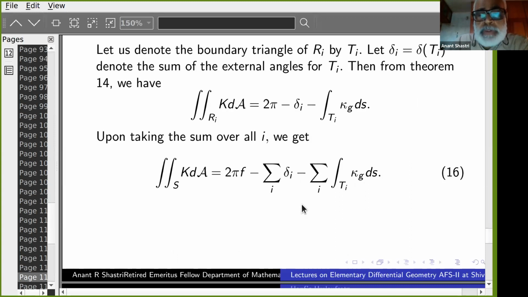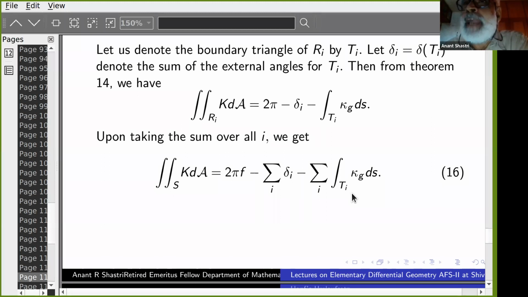Now, what happens to this summation? This is like when you are proving Green's theorem, or in complex analysis when you prove results like the Cauchy-Goursat theorem. You start with a rectangle and then cut it, introducing extra edges. When you take the integral of the same function, the integral occurs twice along the same extra edge, once in one direction and another time in the other direction.